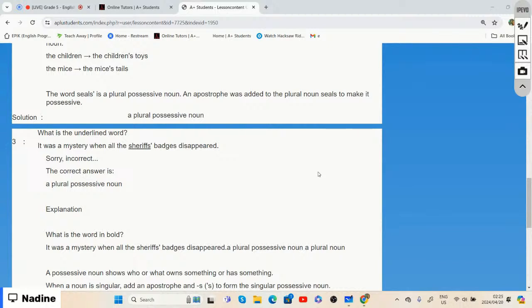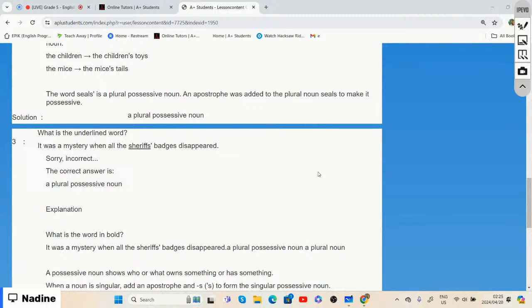So sheriffs. If we look at that word, sheriffs, we are referring to more than one sheriff. But if we want to show possession, then we say the sheriffs' badges, which refers to the badges of more than one sheriff disappearing.